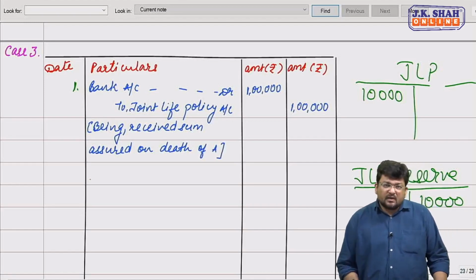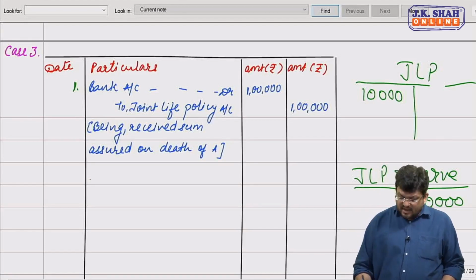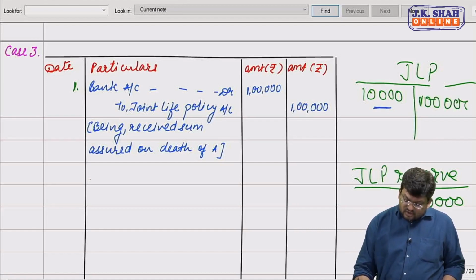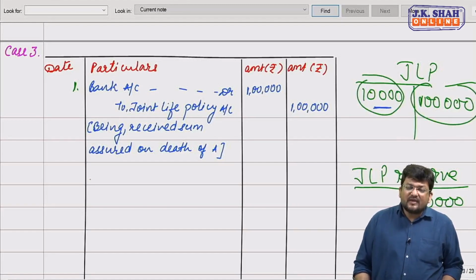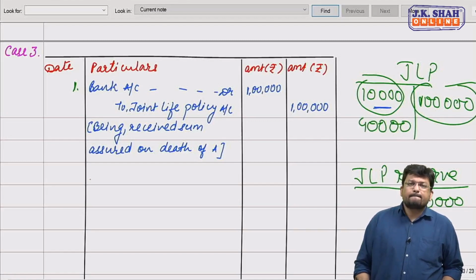Correct. Was it a recorded asset or unrecorded asset? Sir, a recorded asset having a book value of 10,000. Now, from the insurance company, we are receiving a sum of 1 lakh. So against 10,000, we are receiving 1 lakh. A book value of 10,000 is realizing 1 lakh. Can I again say there is a profit of 90,000? There is a profit of 90,000, and that profit will get distributed among partners.